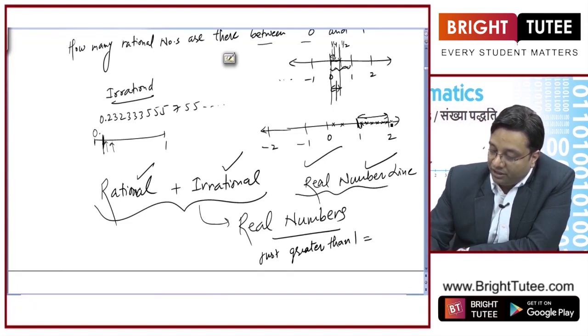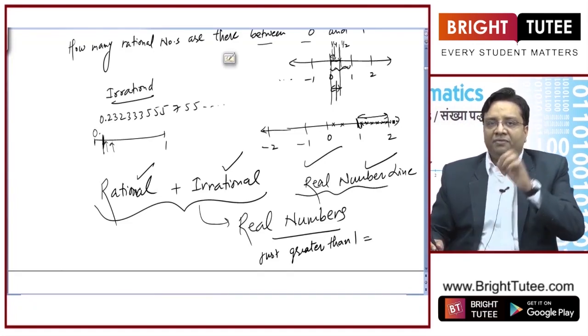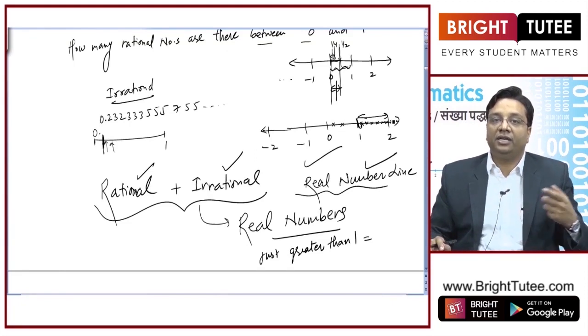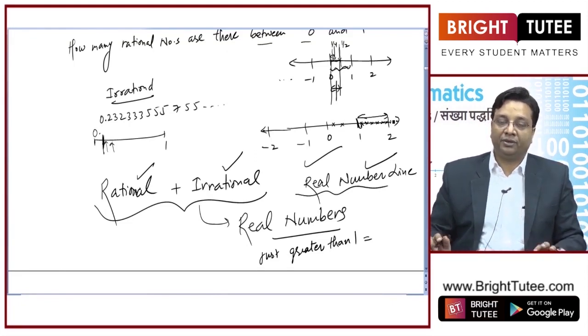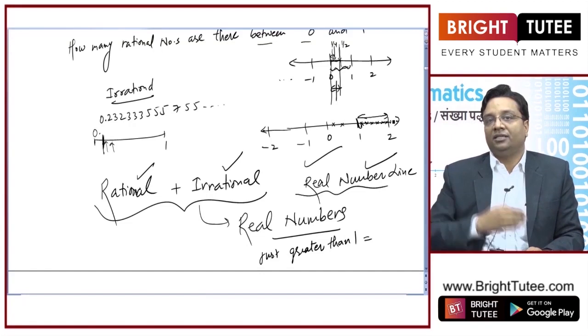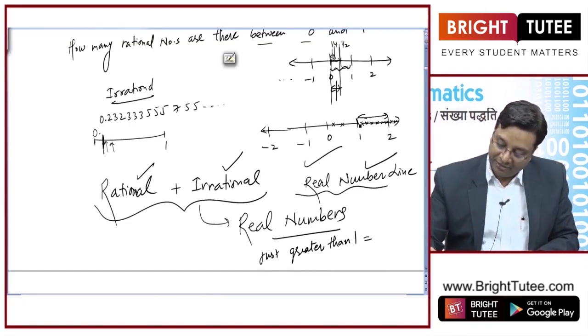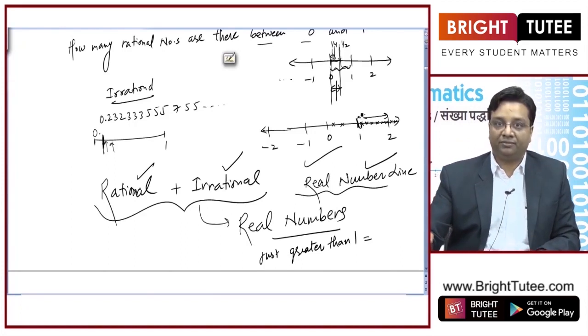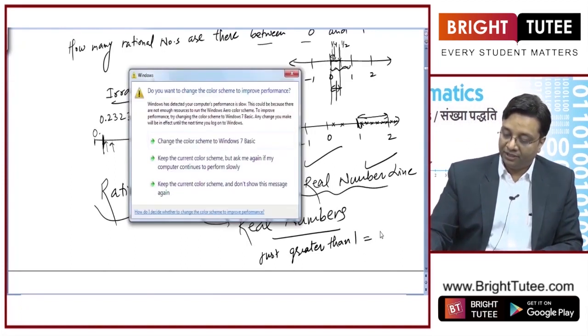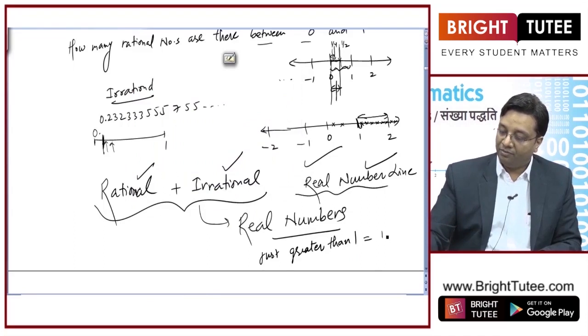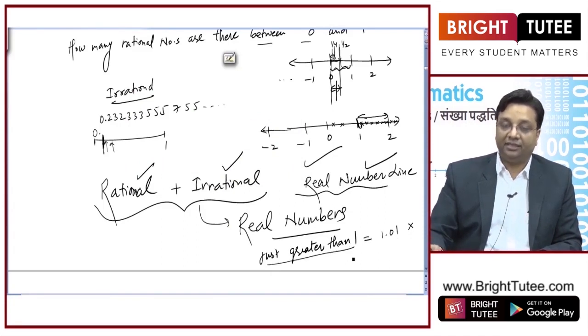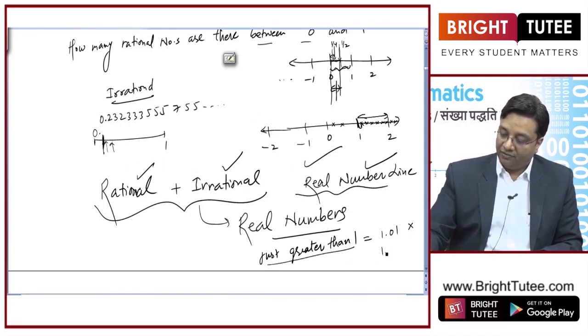Because these all are real numbers. Whichever number you find on the real number line, every point on the real number line will give you a real number. Okay, and every real number can be found on the number line. All right, so I am asking for a number just greater than 1. Some of the students will give me an answer 1.01. Okay, but it is not the number just greater than 1, because then there is 1.001, right?